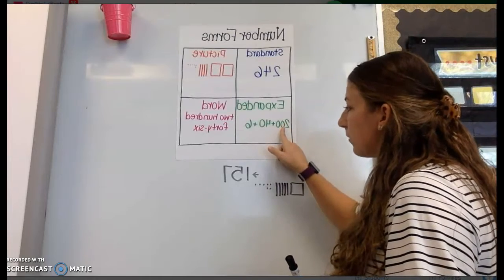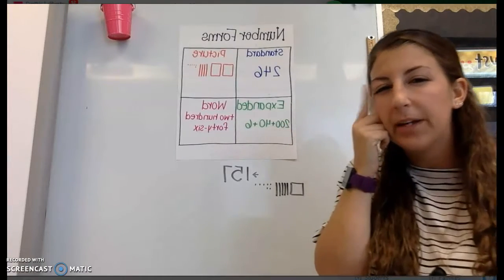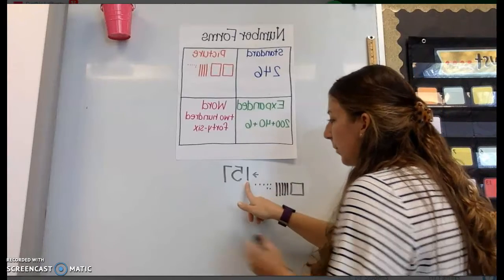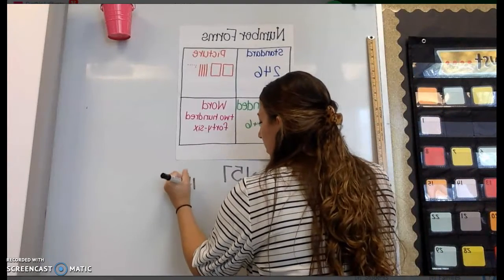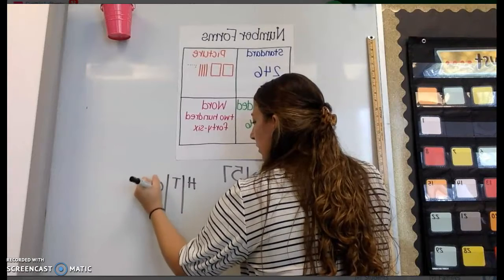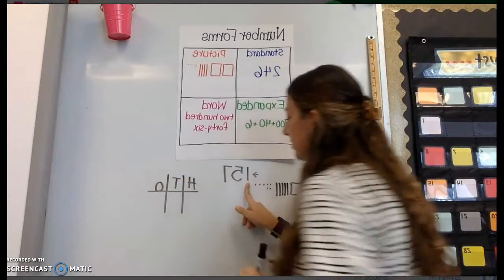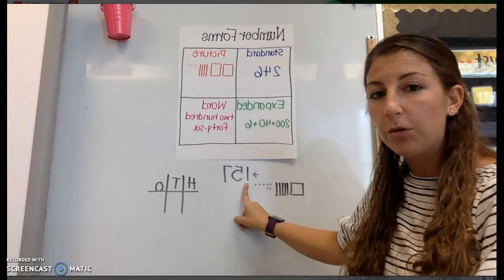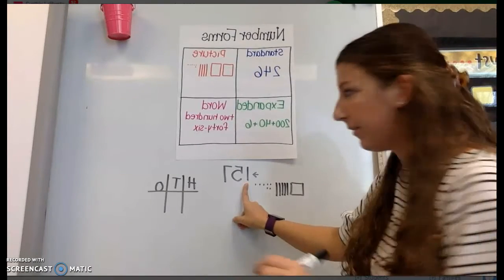For my expanded form, I'm going to think about what place value each of these digits are in. So for example, I'm going to take my 157 and put it in a hundreds, tens, and ones chart. And if this is helpful for you, you can do this in either your notebook or the whiteboard that you were given.